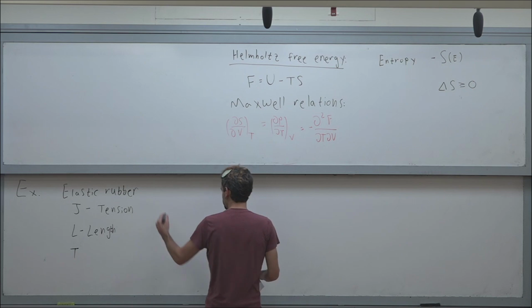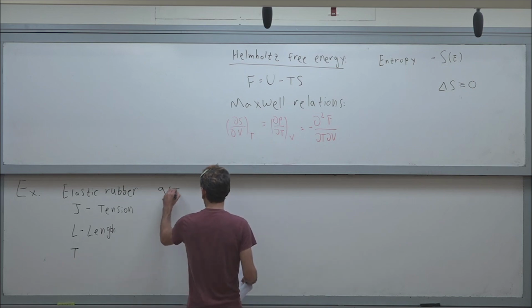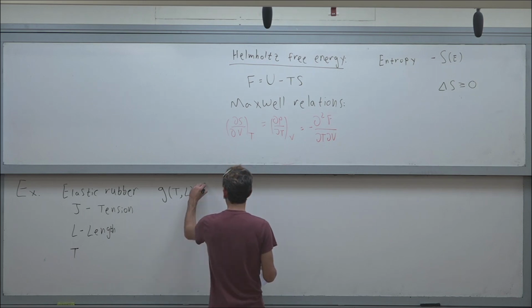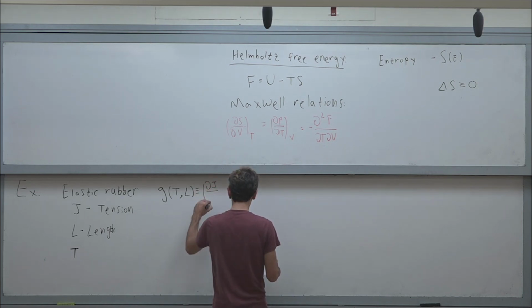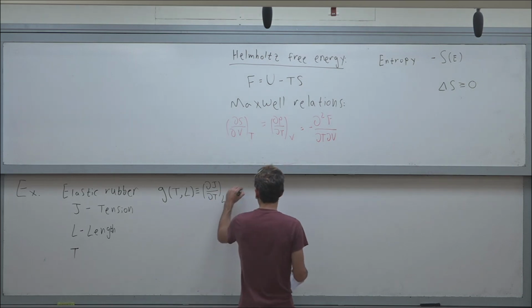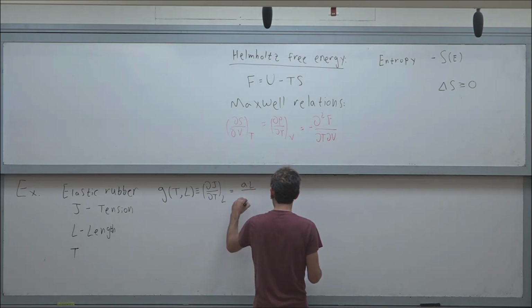And we also know that we have a function G, which is a function of T and L, and it's the derivative of J with respect to the temperature, which is equal to this expression.